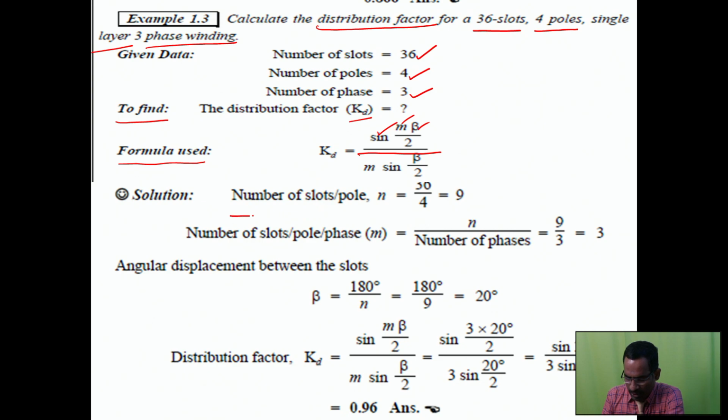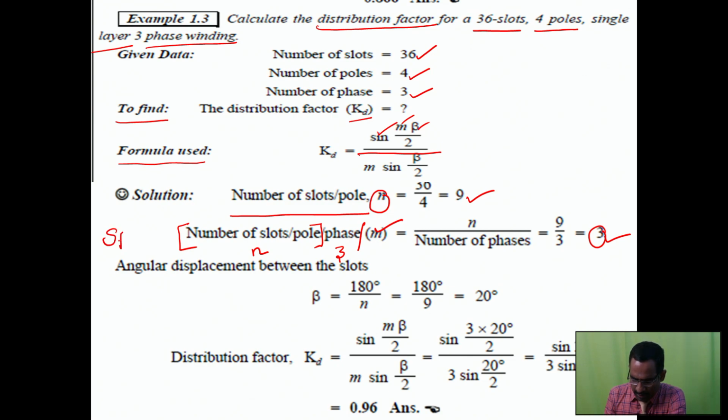The number of slots per pole, n, is 36 by 4, which is 9. We divide it per phase, and the number of phases is 3, so 9 divided by 3 is 3. It is our m value, slots per pole per phase, SPP.